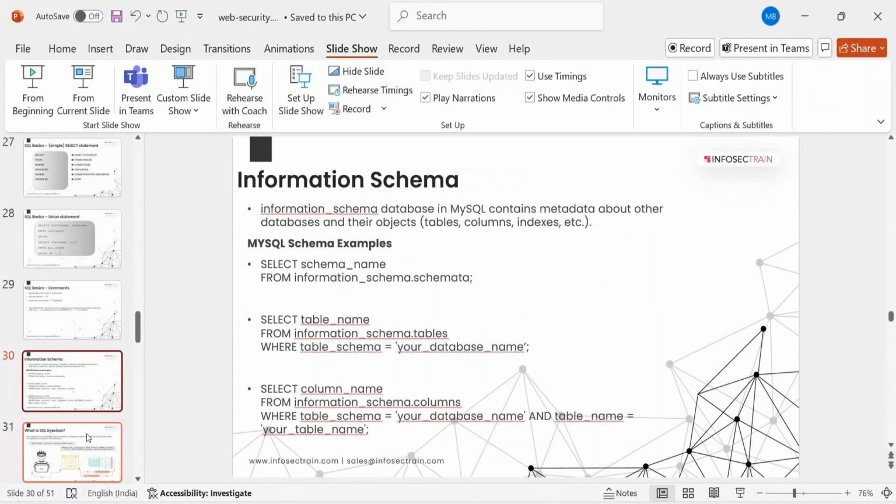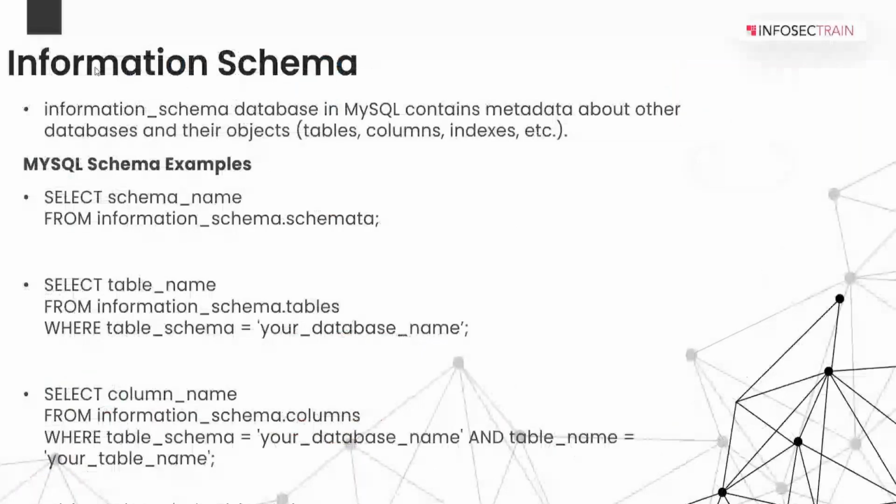One concept: information schema. So what is information schema in databases? Every database has a schema, specifically RDBMS. What information schema contains is basically the metadata of other databases. So it's like a first database that contains the metadata of other databases, right?